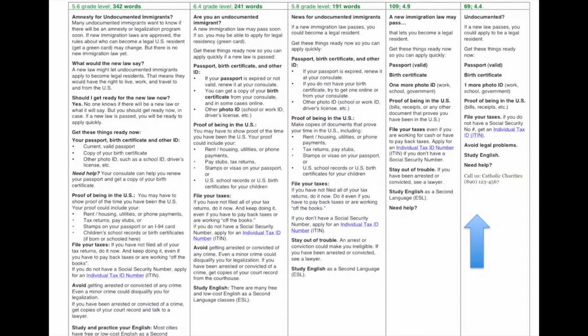Here's another question we could ask. If you were undocumented and you had questions or needed help, where would you go or what would you do? So even though this document isn't formatted yet, if we compare it to the original legalization document, it looks like we're getting a lot closer.